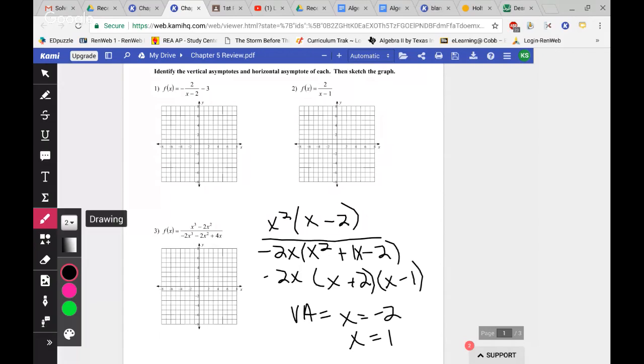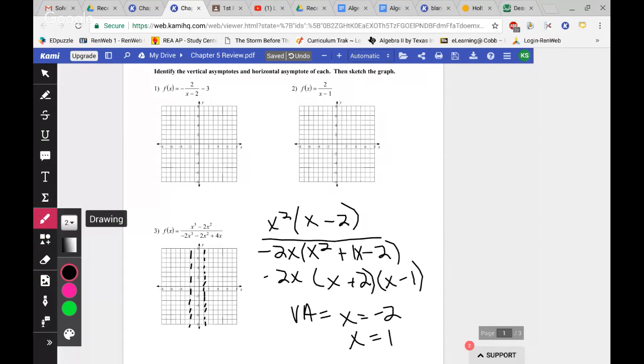Does everybody see where I get that? Okay, good. Let's see if Miss Sparks can graph these correctly this time. So x equals -2 is over here, and x equals 1 is over here.